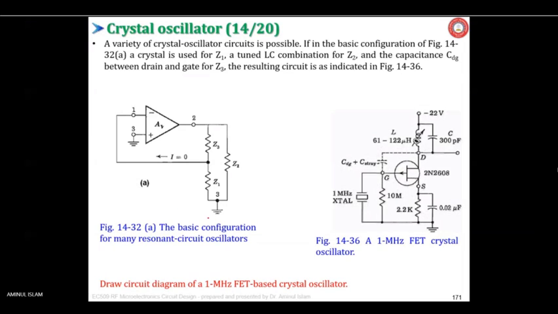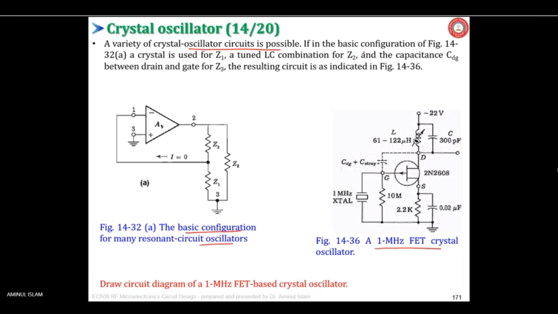From the general configuration of the oscillator circuit, we try to obtain this FET-based 1 MHz crystal oscillator. For that, which one is replacing what, we are going to discuss. A variety of crystal oscillator circuits is possible from the general configuration.